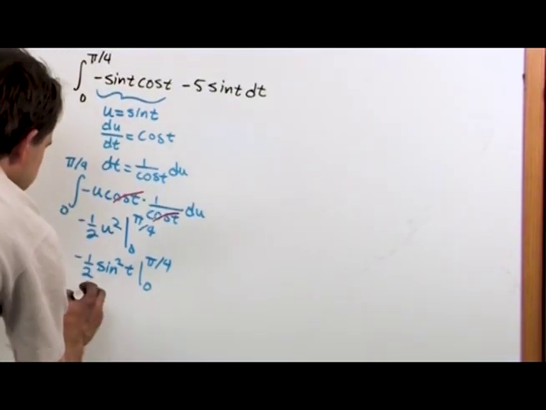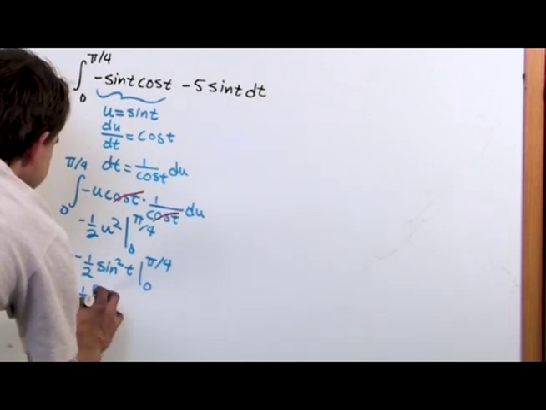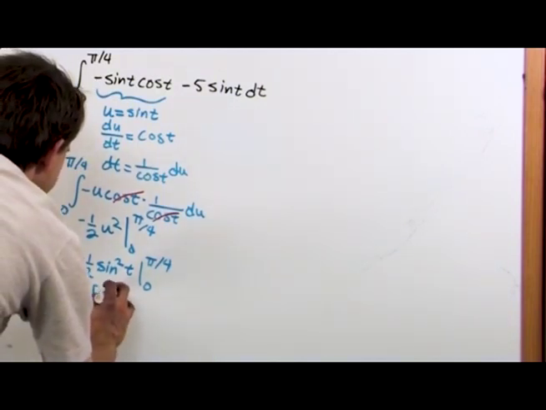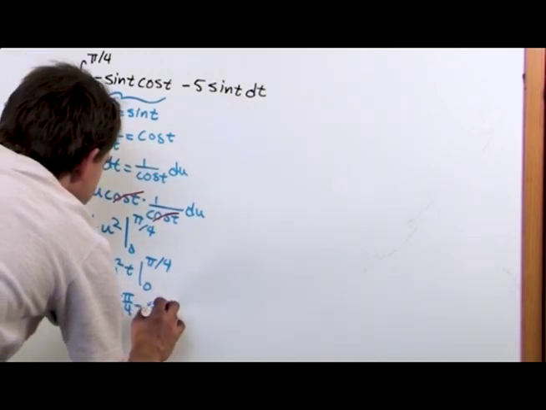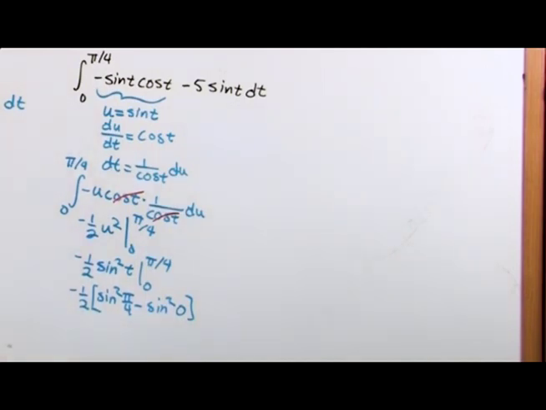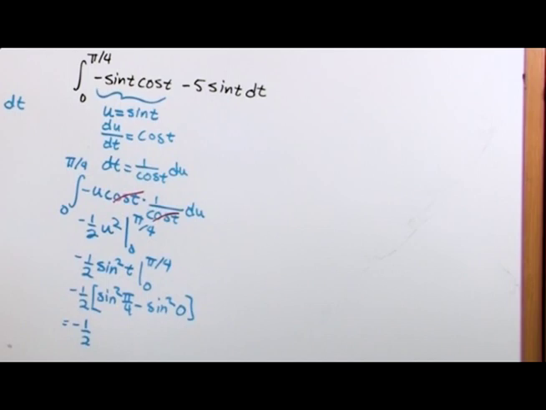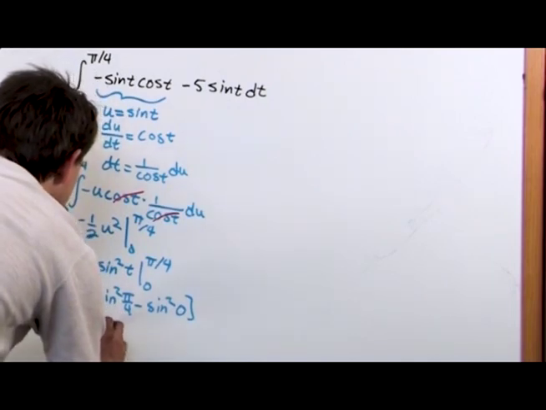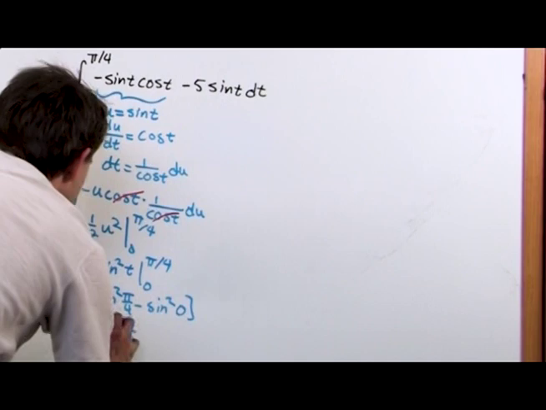I'm going to have negative 1/2, and on the inside I'm going to have sine squared pi over 4 minus sine squared of 0. Okay? Sine of pi over 4 is square root of 2 over 2, square root of 2 over 2 squared.